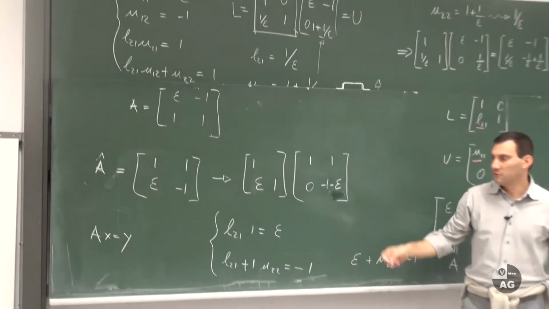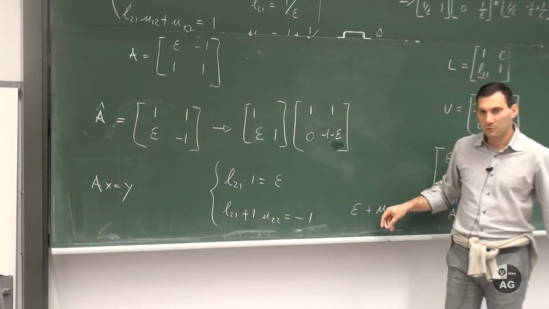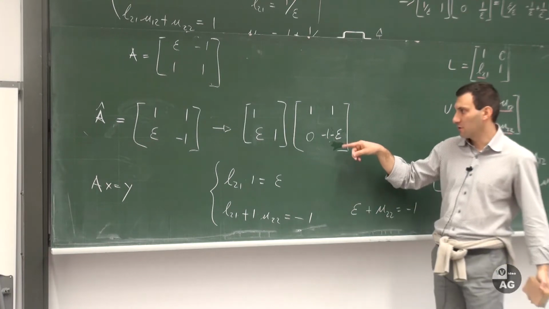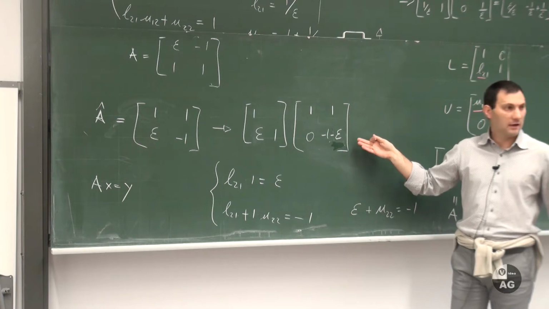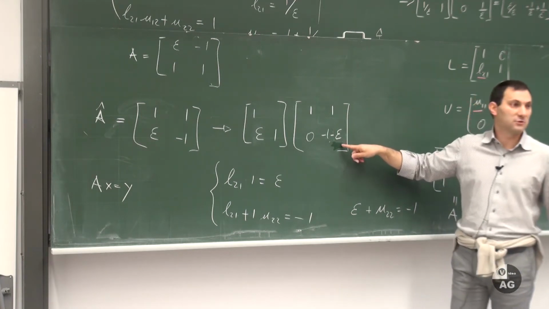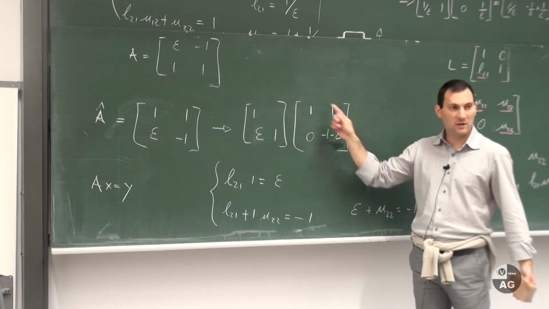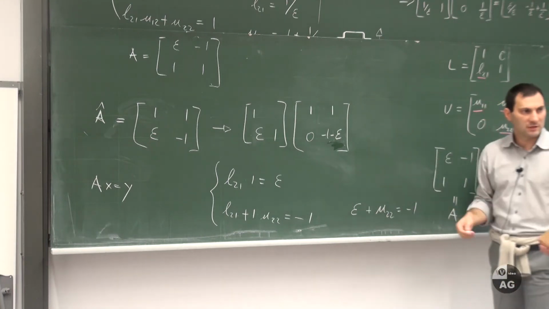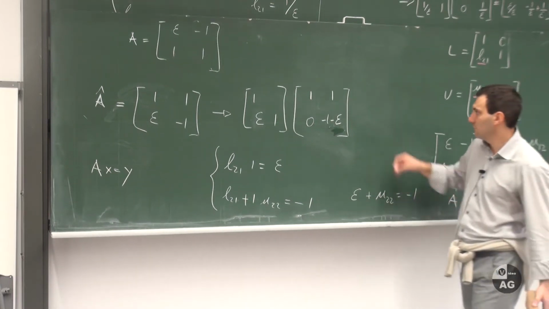Well, first of all, you see that now I don't have divisions. I don't have any crazy operation that changes the scale of the numbers with which I'm working. It doesn't matter how small I take epsilon or how large. Well, how large maybe yes, but it doesn't matter how small I take it. This operation is still well defined. And if you multiply these back, of course, you get the initial matrix.